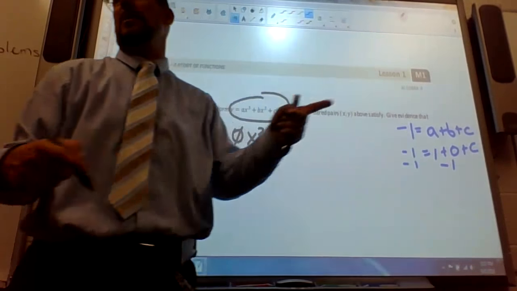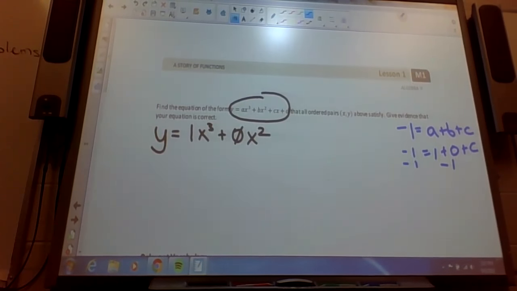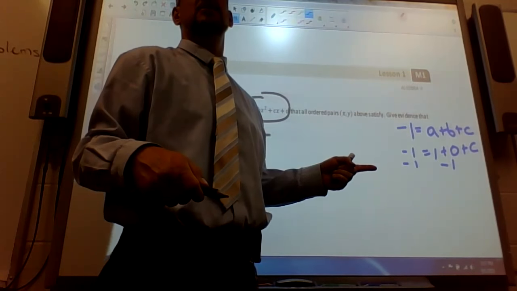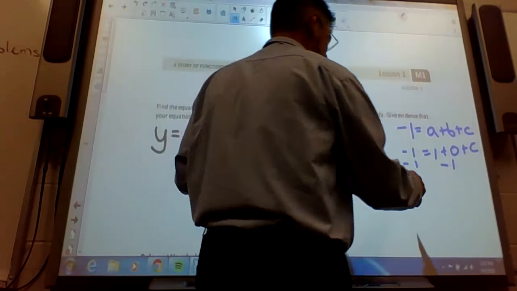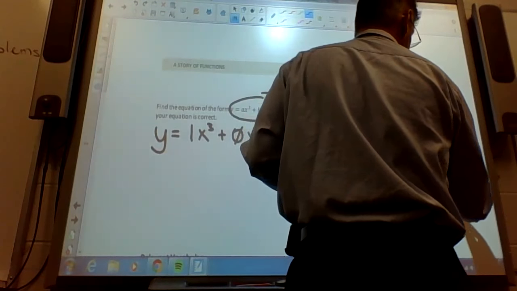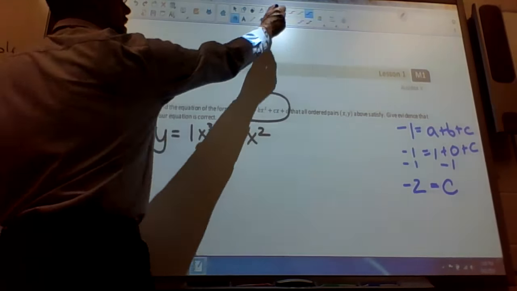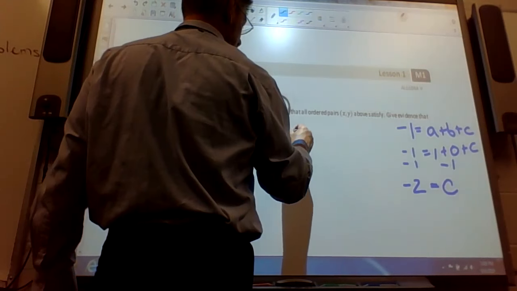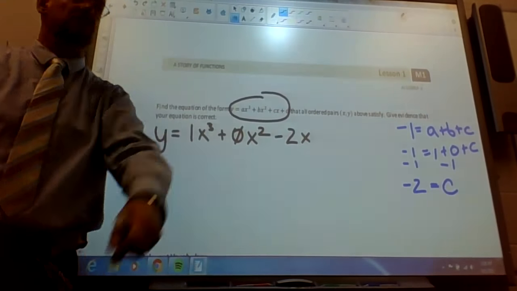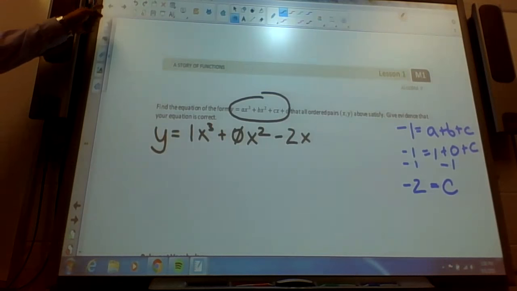So -1 minus 1 gets me what, Sydney? -2, there you go. -2 equals C. So now I figured out my C. Minus 2x, right? Because C is the number in front of my x to the first power.